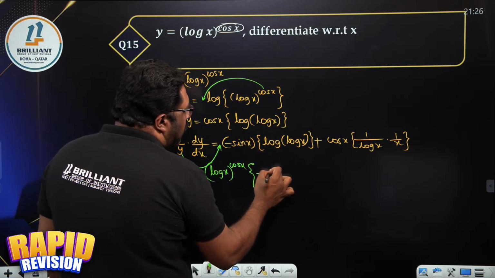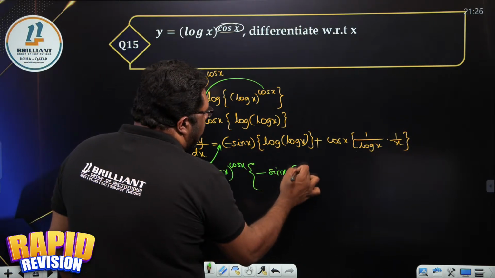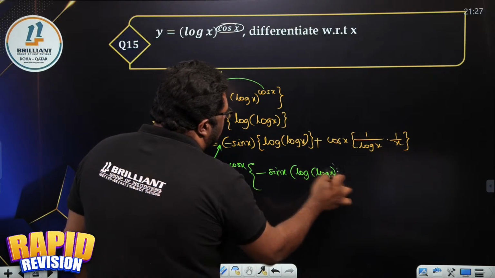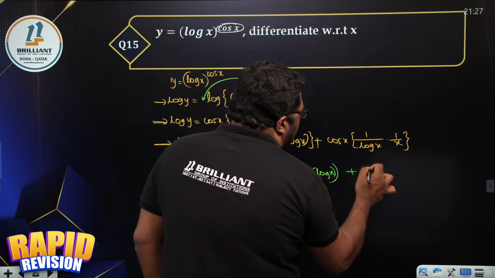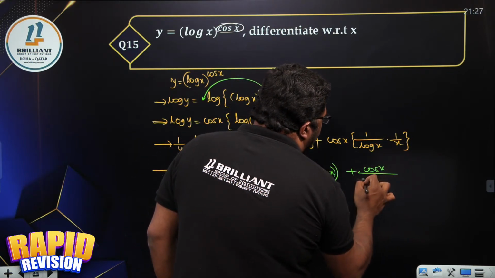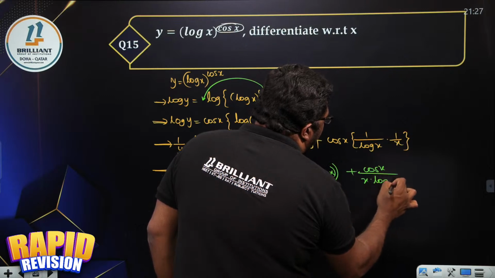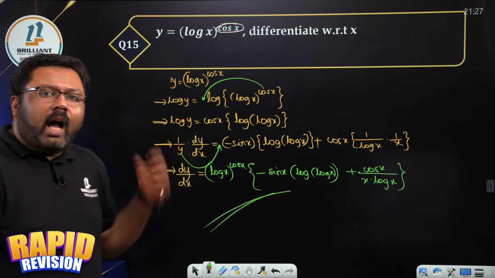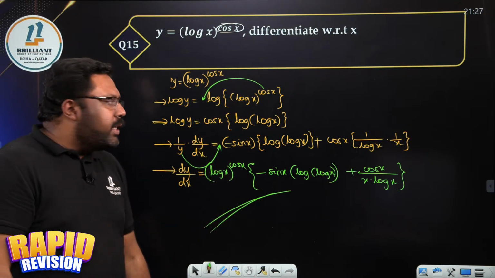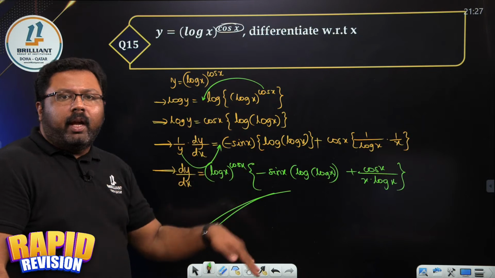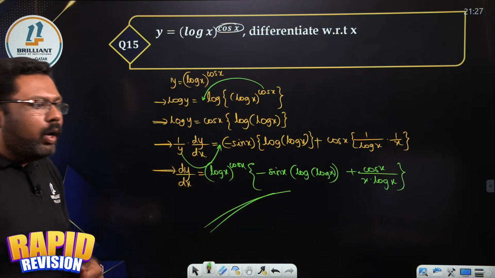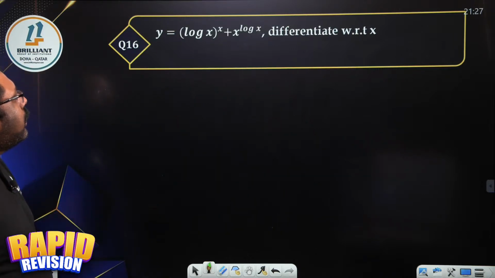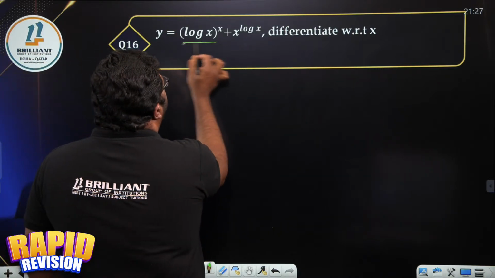Remaining terms, minus sin x into log x plus cos x by x log x. No more simplification, nothing. Answer over. So the idea for this type of question is: apply log, bring it down and simplify it. Can you see 2 terms like that?